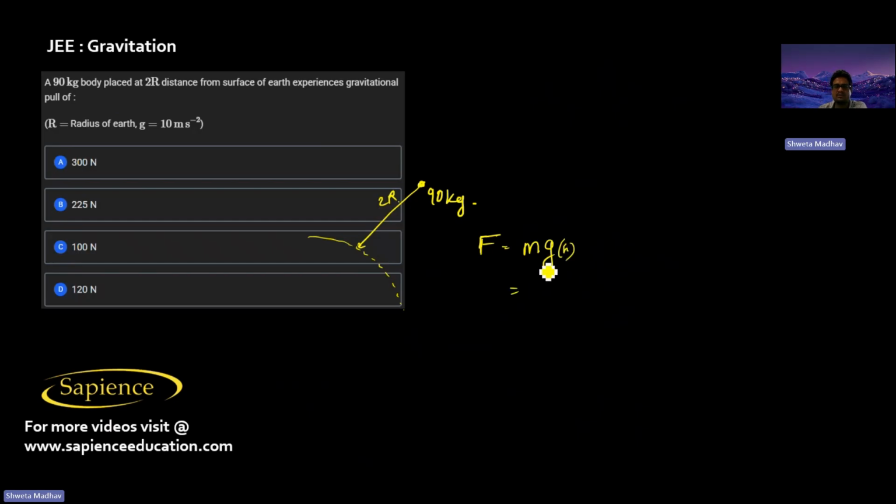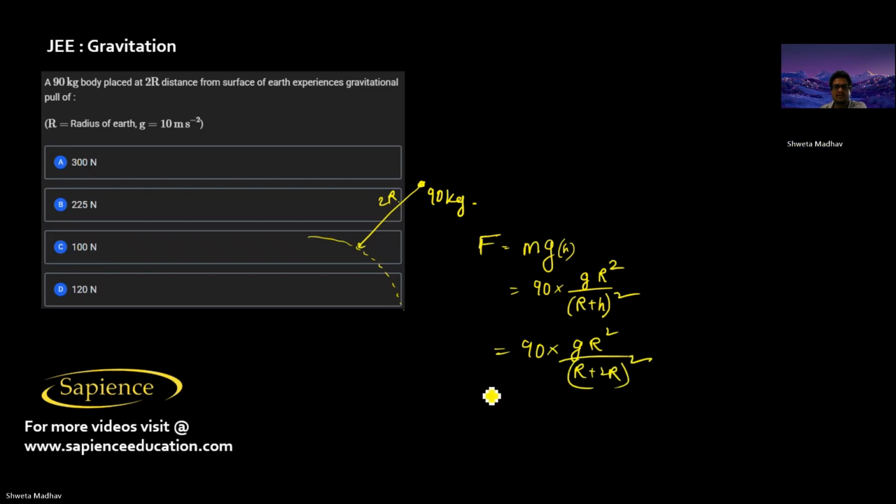So that will be equal to the mass of the body, that is 90 kg, into g at a height, which is given as g R square by (R plus h) whole square, at a height. So 90 into g into R square by (R plus 2R) whole square. So g at the surface is 10. So 90 into 10 into R square by (3R) whole square.